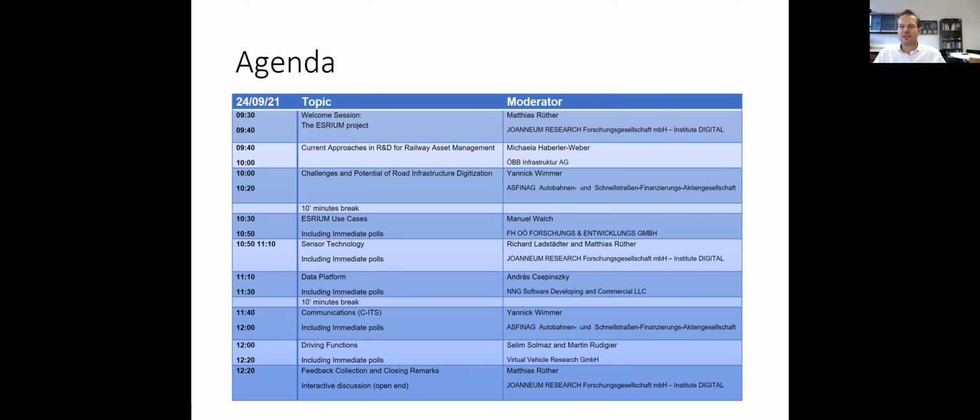And then we will go into the various aspects ranging from use cases which can be built upon digital traffic infrastructure. We'll touch the field of sensor technology, which is there and can help digitize our traffic infrastructure. Then, of course, data platforms are a topic. Communications on the road infrastructure, so feedback to the users of this traffic infrastructure.